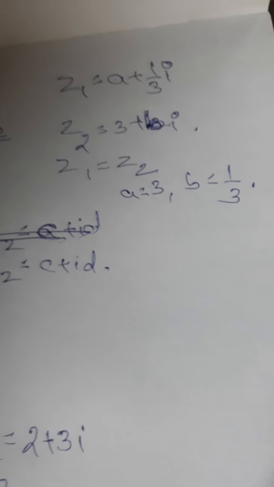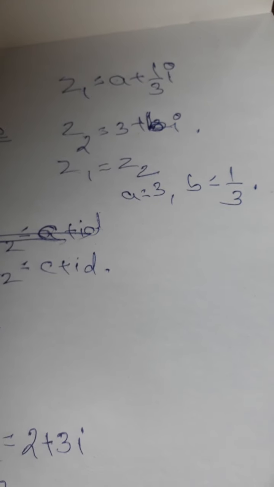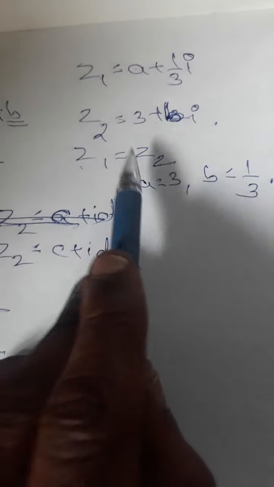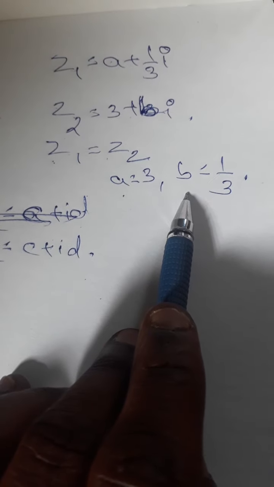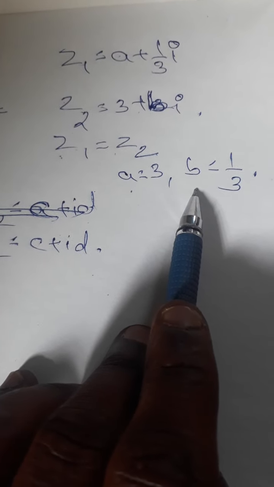This is how the equality of two complex numbers is determined.